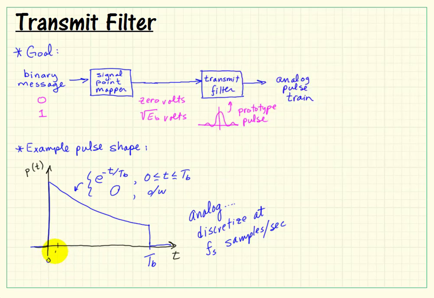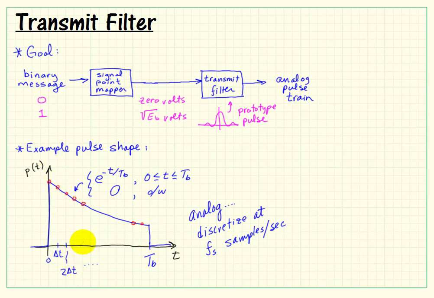So if we start at time 0 and move forward by this delta t amount, move forward a little bit more, so now we're at twice delta t and so on. Again, delta t is our sampling interval. Then we think of the sample points as being the pulse shape evaluated at those integer multiples of delta t.